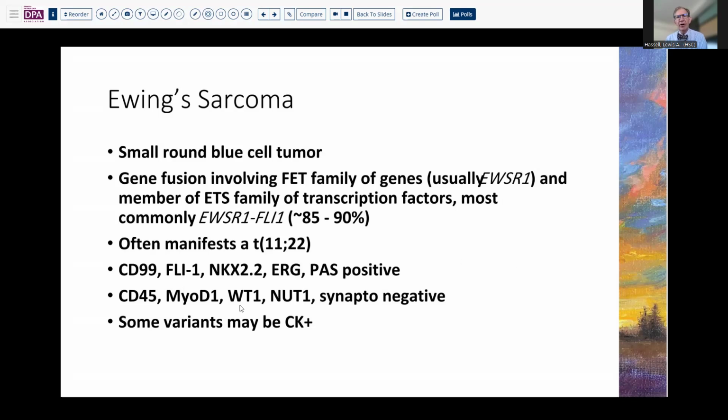Now, note there are some rare epithelioid versions of Ewing sarcoma that may be cytokeratin positive, and so that can be slightly misleading, and we need to be aware of that potential pitfall.